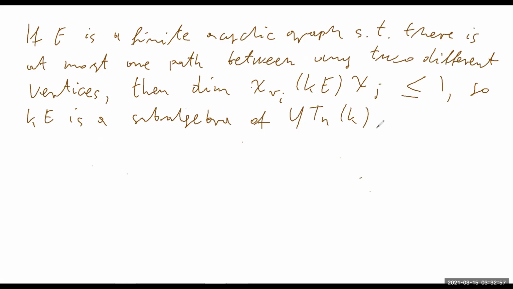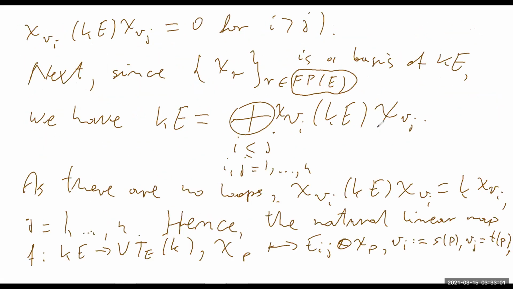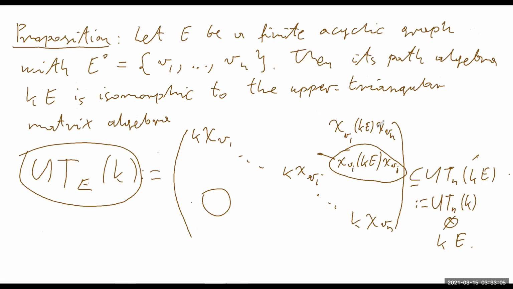Because now if you look into our definition of the UT_n(K) algebra, I only have just fields on the diagonal. And for such a graph where there is at most one path between any two different vertices, I know that the entries that are off diagonal are either 0 or just a field.